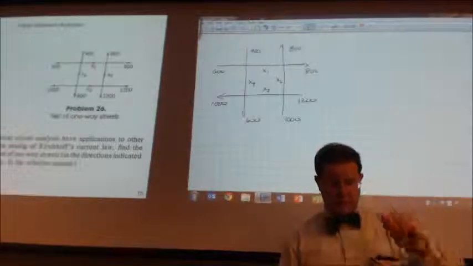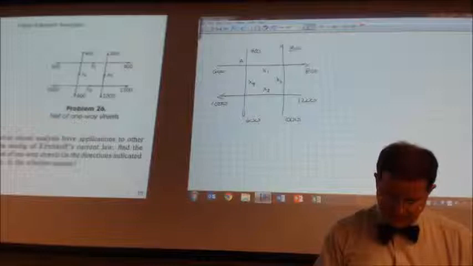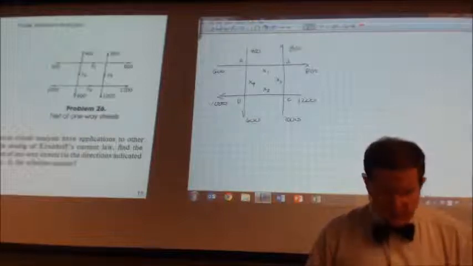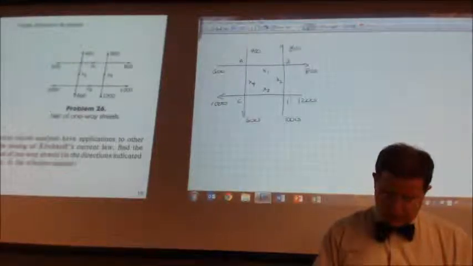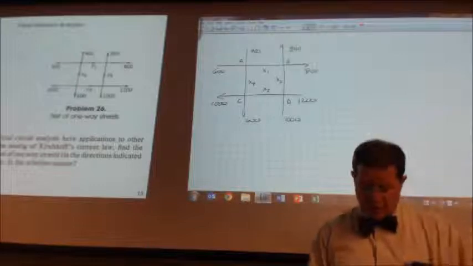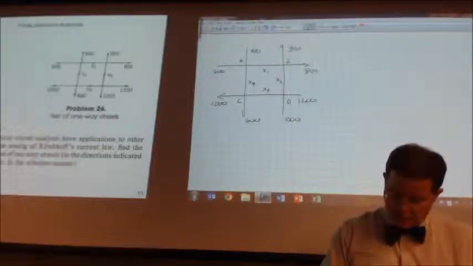Okay, so let's label our nodes here. Work our way around. So how do we want to do node A?